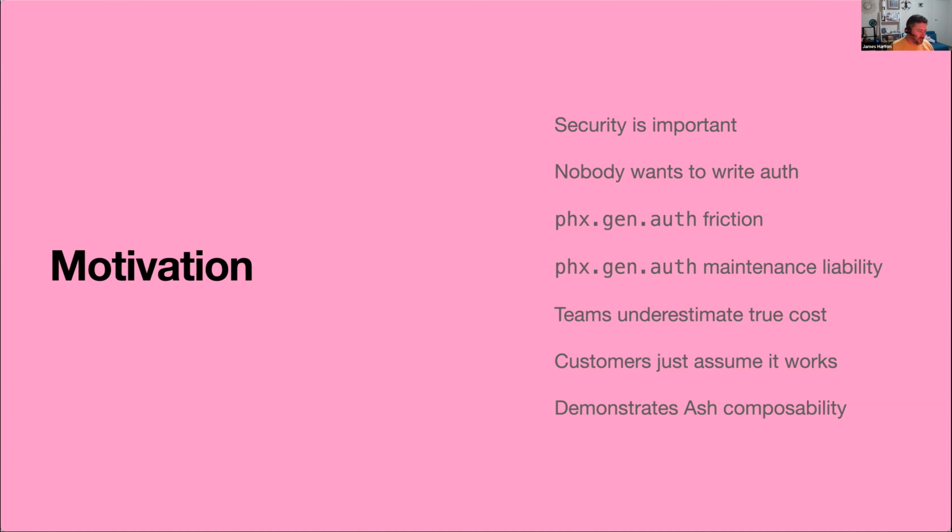All those people have to go and take that and maybe run a generator again, maybe go over the diffs and figure out what's changed. And so the combination of Phoenix GenAuth and Ash was particularly problematic because it's like the worst possible combination of those two problems.